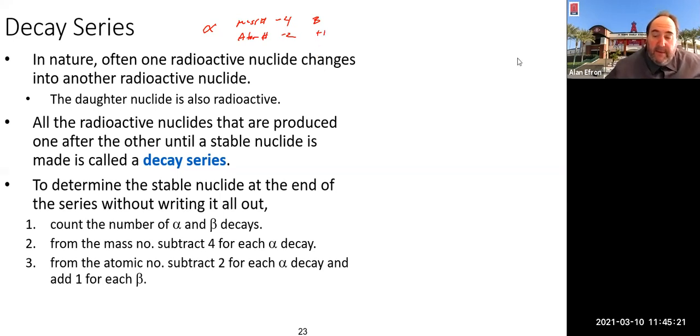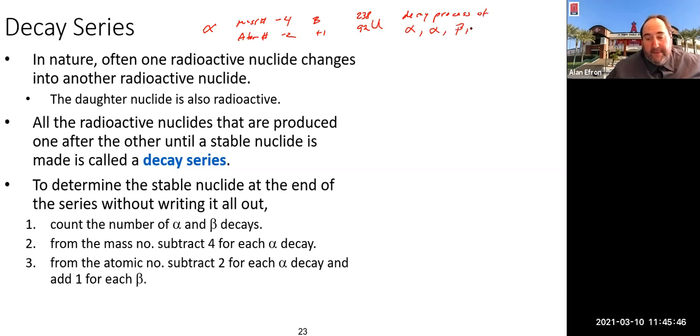So for example, if we were starting with uranium 238, and we could get the atomic number from the periodic table, which is 92. And let's just say that this went through a decay process of alpha, alpha, beta, beta. I'm just making this up.